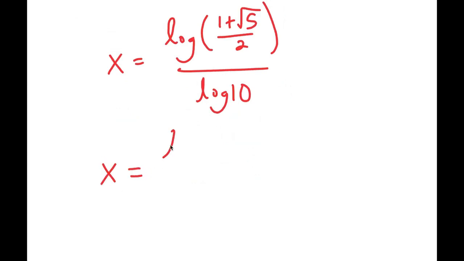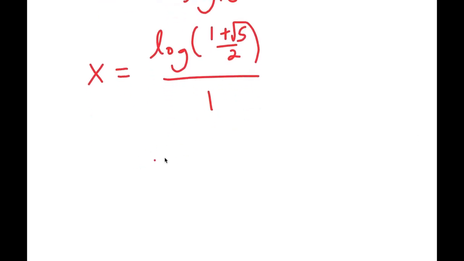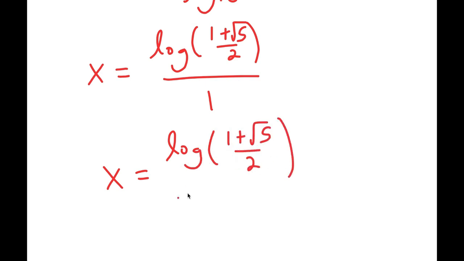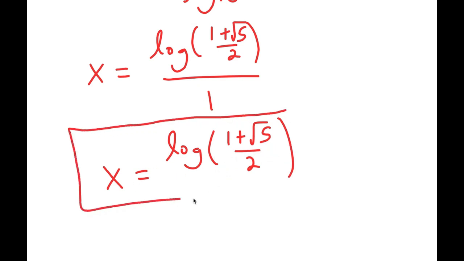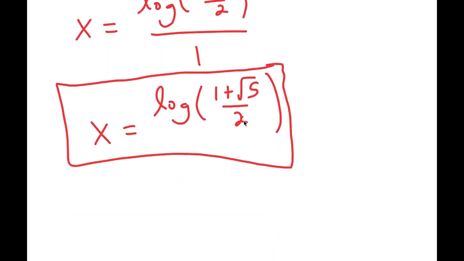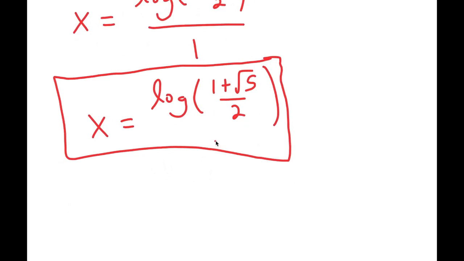So this turns into log of 1 plus the square root of 5 over 2 over 1, which is the same thing as log of 1 plus the square root of 5 over 2. There's no need to include the over 1 because anything over 1 is itself. So this is my solution to this equation.